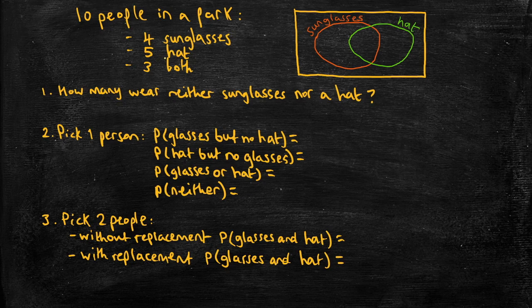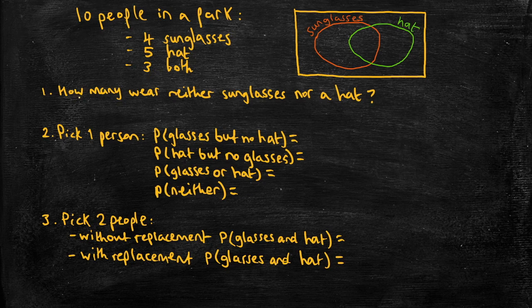So we need to think about, of the 4 people that are wearing sunglasses, we're told that 3 of them have both sunglasses and a hat, and so one of those people must be wearing just sunglasses and not a hat. And then the 5 people with a hat, 3 of them also have sunglasses, and so 2 of them must have a hat but no sunglasses.